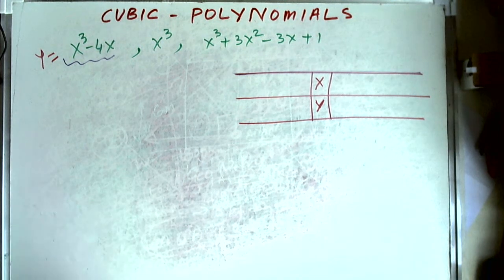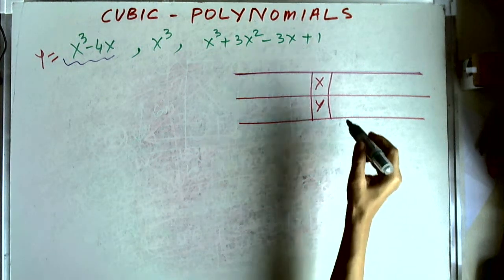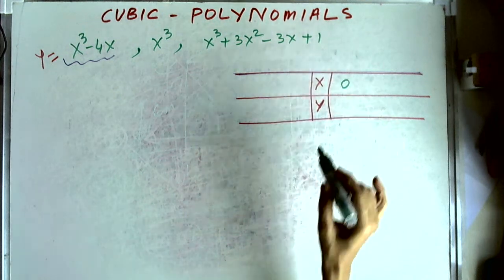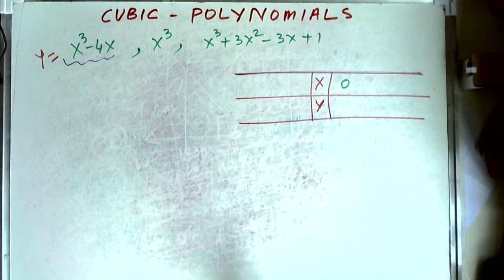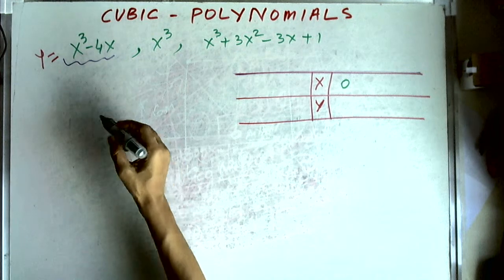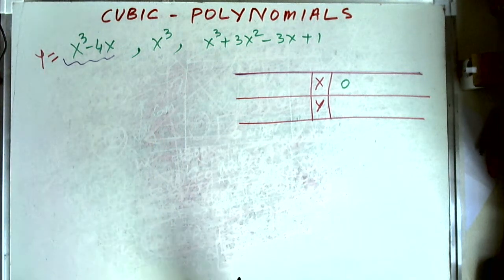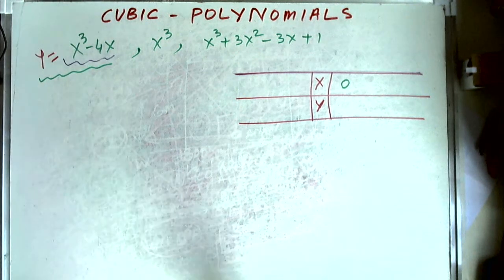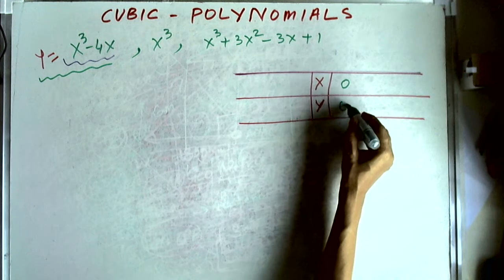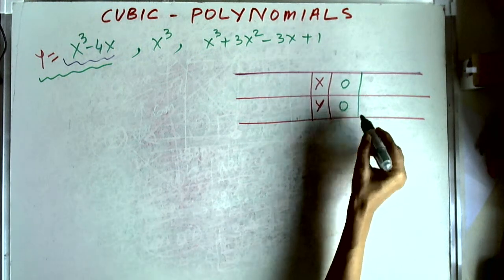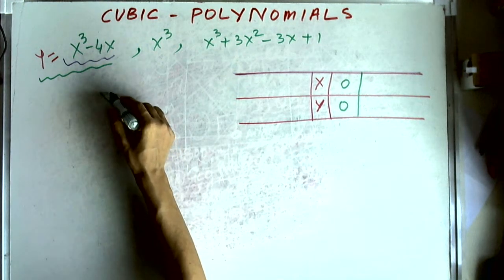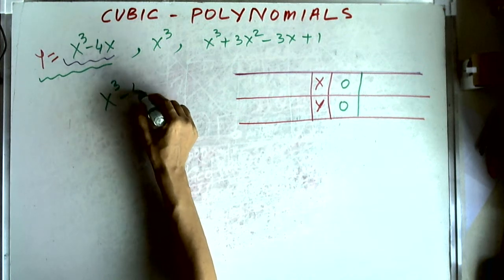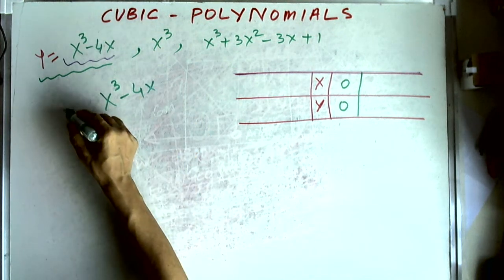Now when x is 0, what is y? If we substitute x equal to 0 in this polynomial, then y is also equal to 0. I'm just writing here x cube minus 4x.